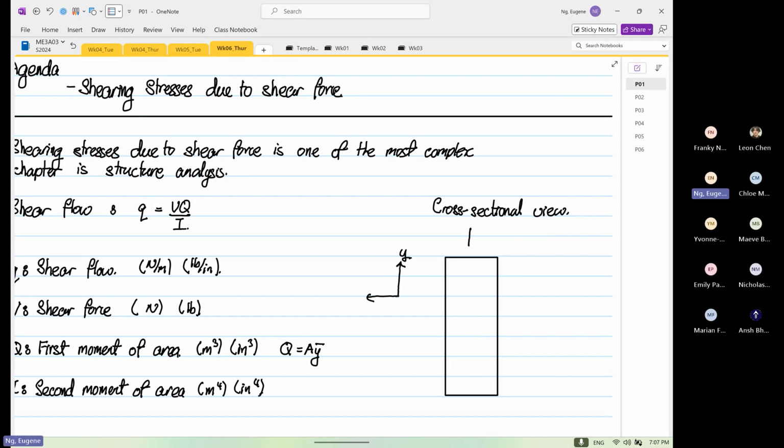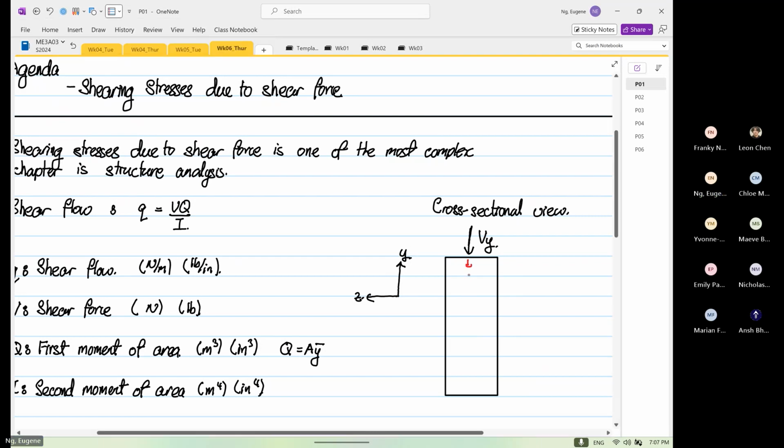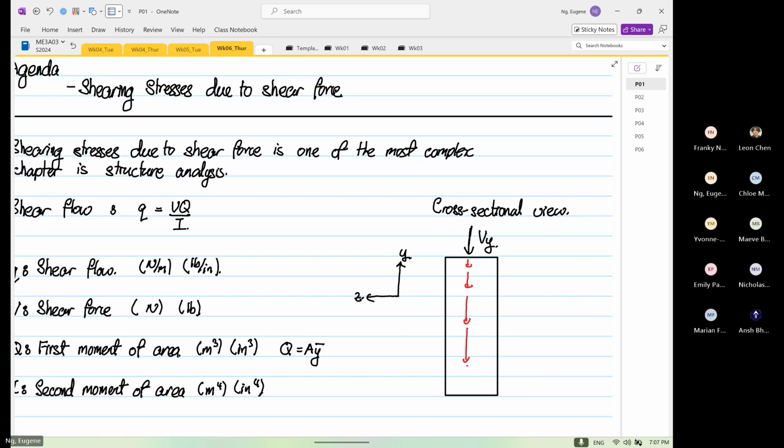This is our Y, this is our Z. We have a shear force in the Y direction known as Vy. The shear flow, which I will draw in red, looks like this. As you can see, this is what we draw as q.